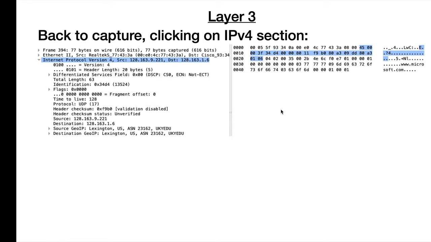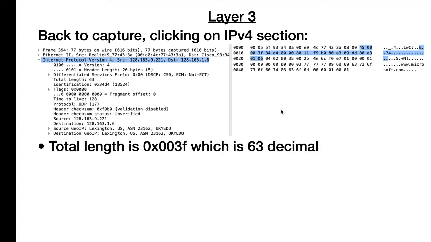So let's go back to the same packet we were looking at before, and this time we're going to click on IP version 4. It is highlighting in the right half of this the bytes that correspond to the IP version 4 packet that we're looking at.